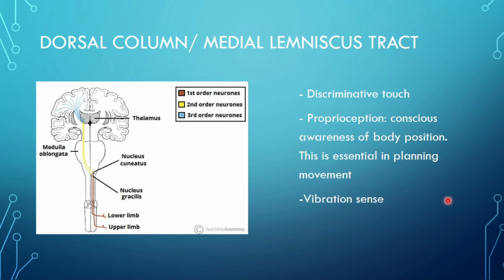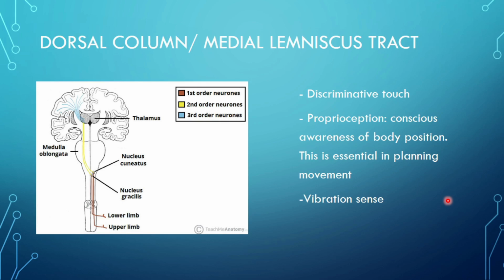So having an idea of where you are in space is crucial, so essential when you are planning a movement. It's essentially like the starting point. And vibration sense is also picked up via the dorsal column medial lemniscus tract.